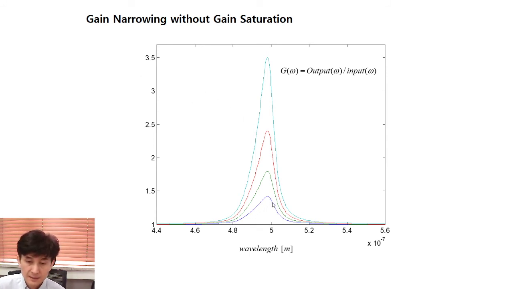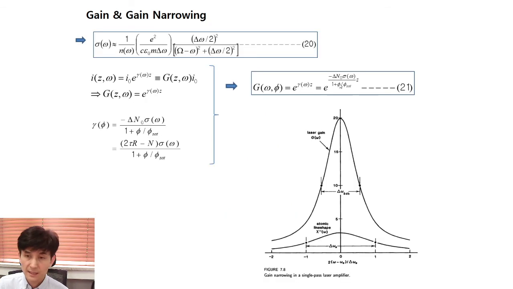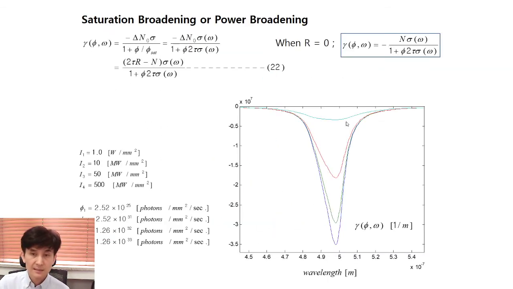When z is small, we have a broad spectrum, but as z is increased in this expression, we have higher gain, and the spectral width for this higher gain is much narrower than the original spectral width. That is called gain narrowing, without considering gain saturation yet, because we consider where phi is much smaller than phi set. Next one is the case where phi is comparable to phi set.